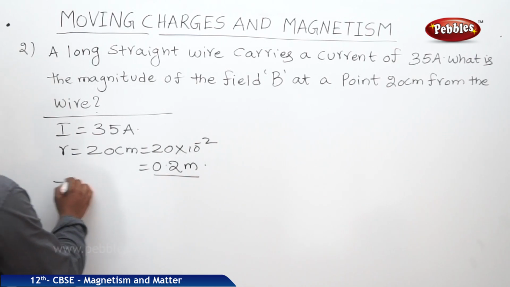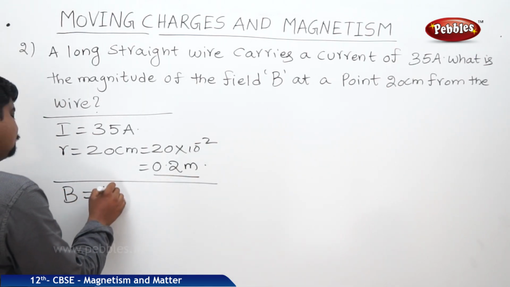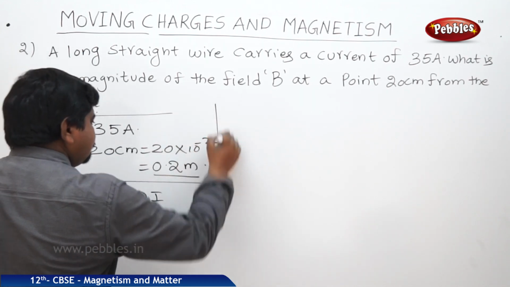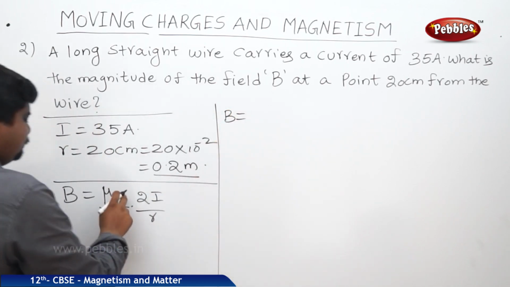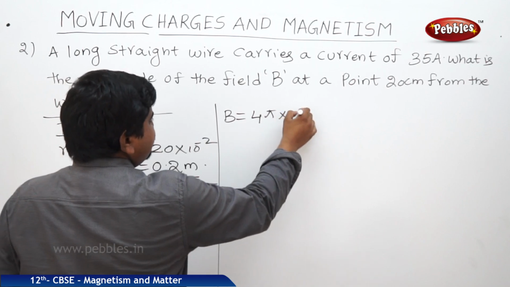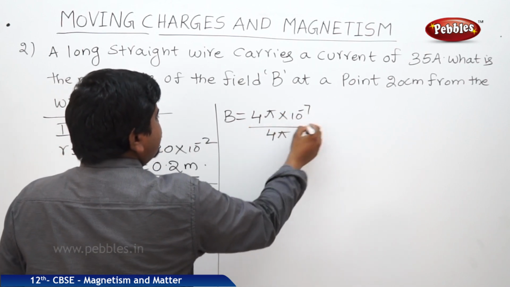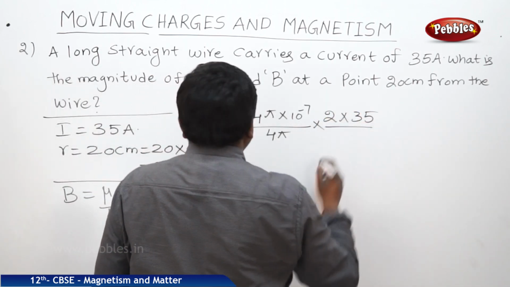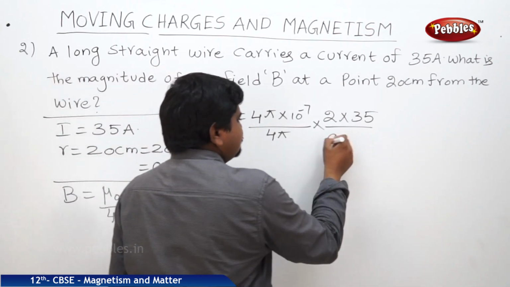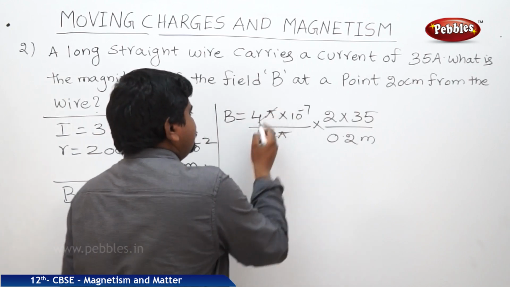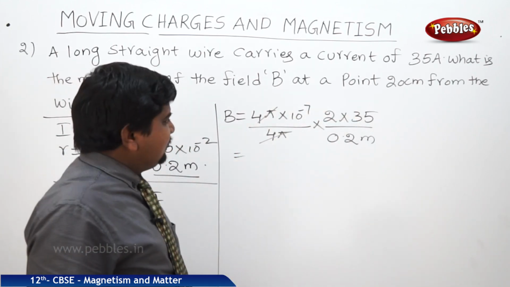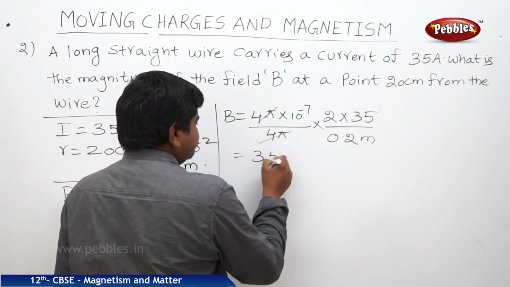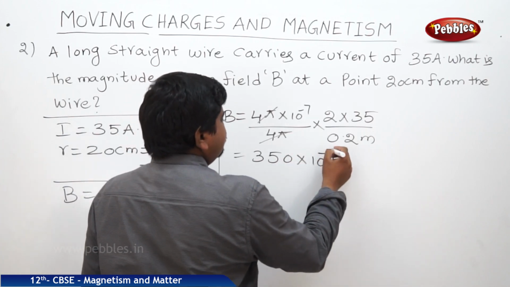So because of that, we can write B is equal to mu naught by 4 pi into 2I by R. Therefore B is equal to mu naught, 4 pi into 10 to the power of minus 7 by 4 pi, into 2 into I, which is 35 amperes, by R, which is 0.2 meters. 4 pi gets cancelled. 35 into 2 is 70. 70 by 0.2 is 350, into 10 to the power of minus 7.